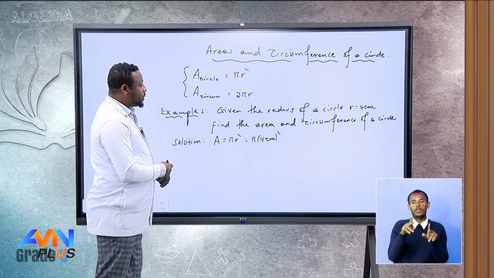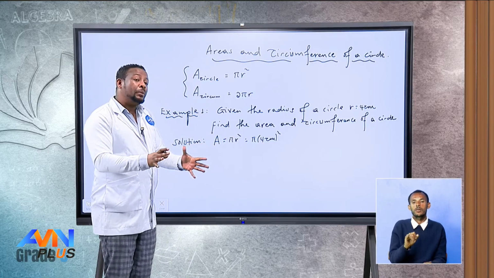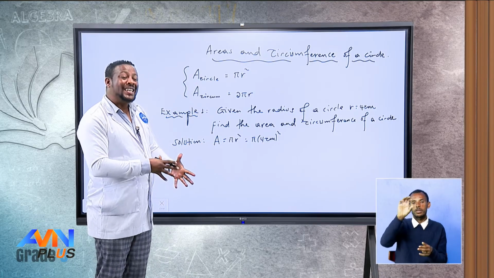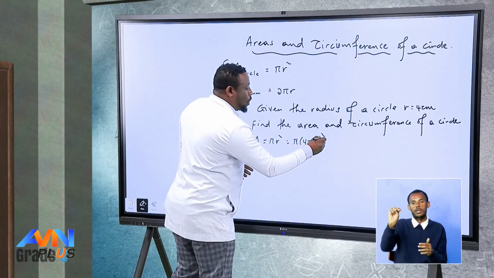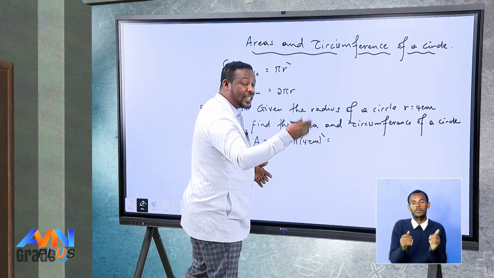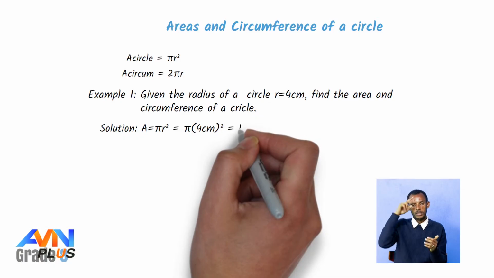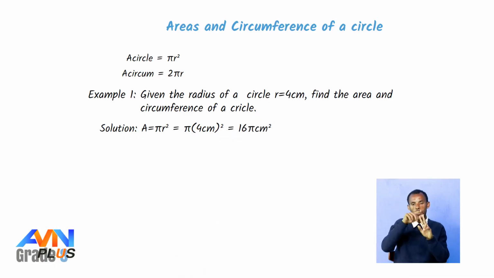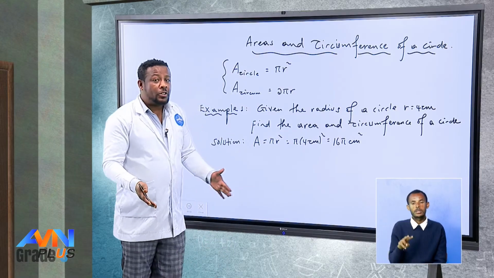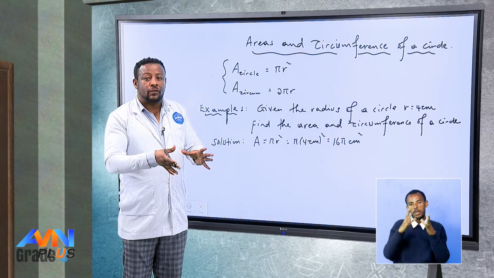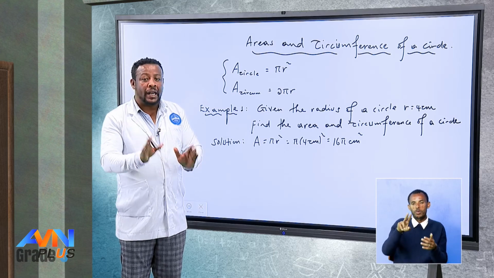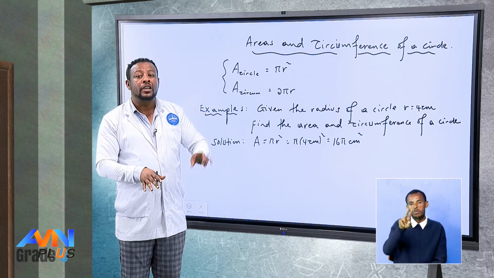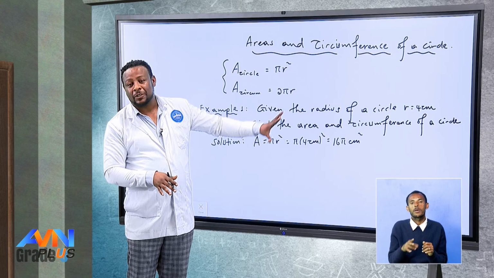Okay, so this is 4 centimeter times 4 centimeter is 16 centimeter. So this becomes 16 centimeter square. So this becomes 16 times pi times centimeter square. Okay, sometimes pi may be given in the form of 22/7. Unless 22/7 is given, you need to put pi in its place.